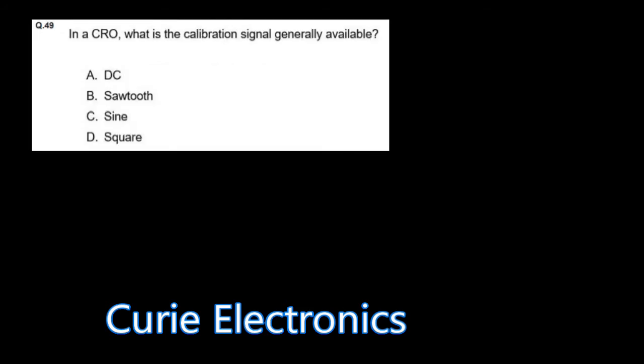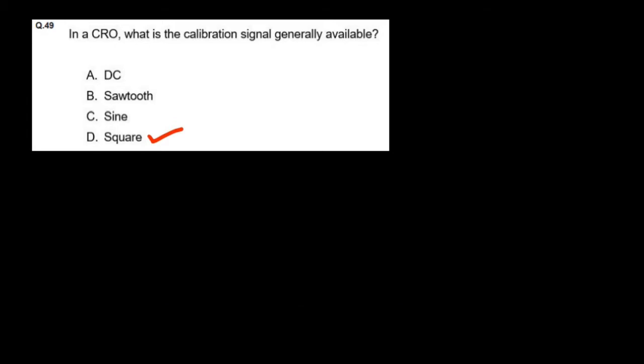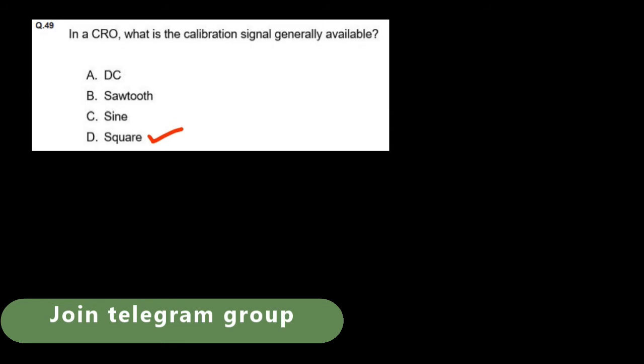In a CRO, what is the calibration signal generally available? It is the square wave. I have not seen any CRO with a sawtooth calibration signal. Most of the scopes, old or new, have a square wave for calibration, and it is given for the calibration of the probe actually.